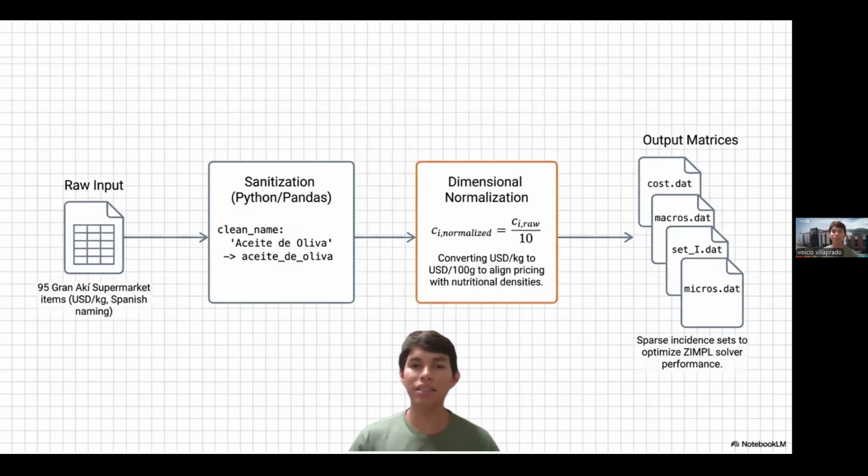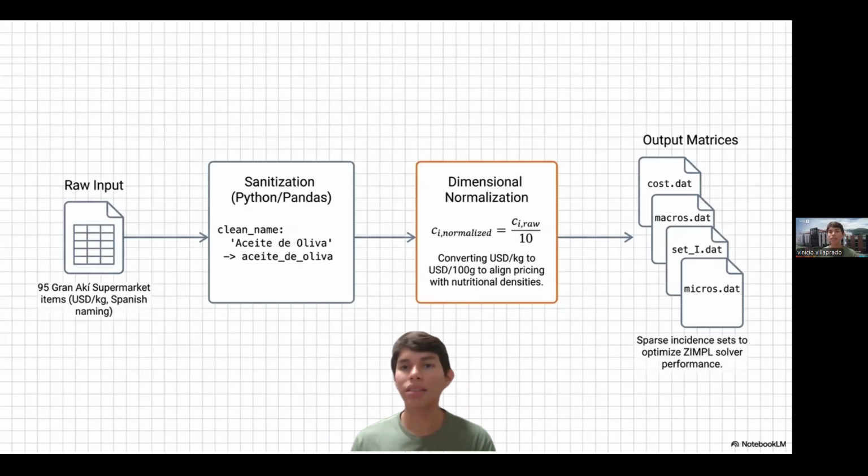Then we have normalization. The prices I found were in dollars per kilogram, but the amounts I was working with were 100 grams. So to align the prices and so the program has consistent units, I normalized the price.